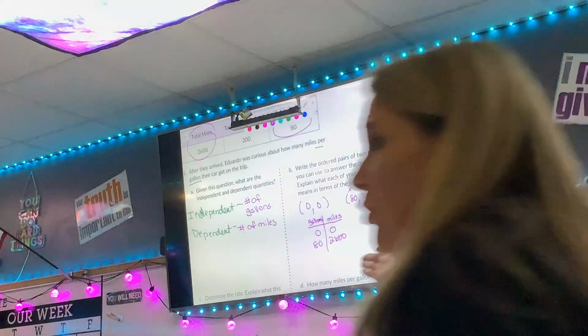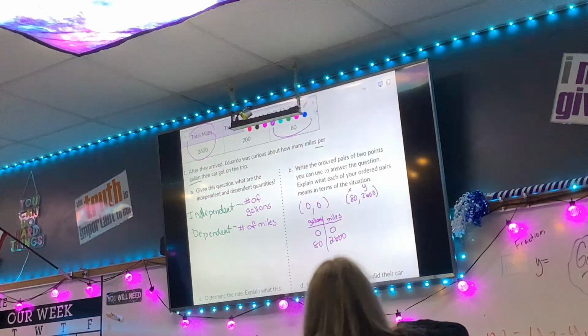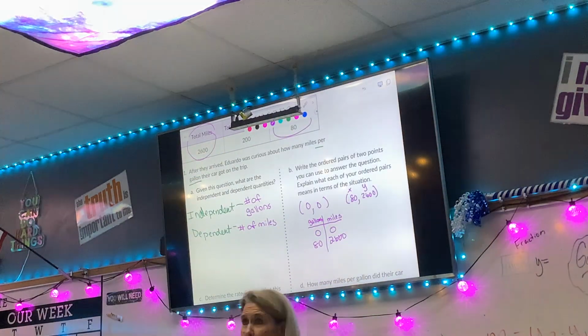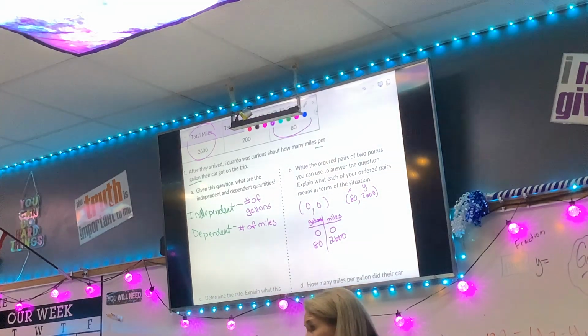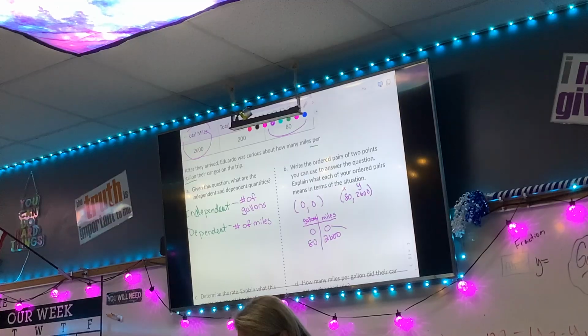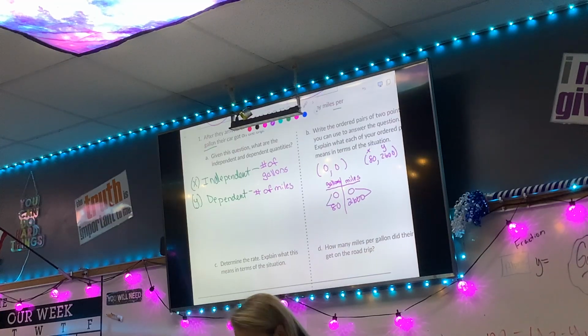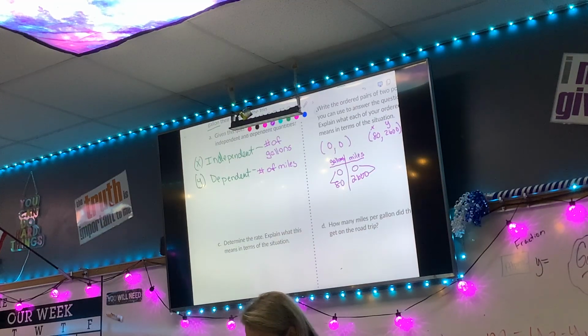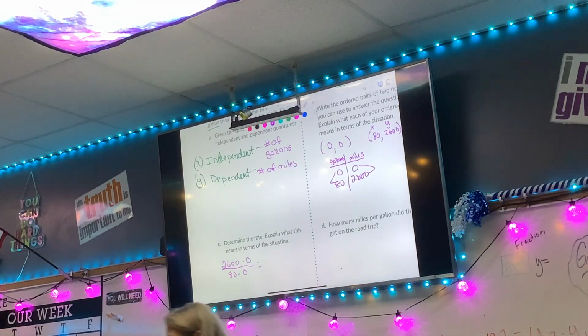Now, you're used to doing this. This is on your test tomorrow. You can do y2 minus y1 over x2 minus x1, or you can do your delta y over delta x. Totally your option. So if you did y2 minus y1 over x2 minus x1, that's what you get.